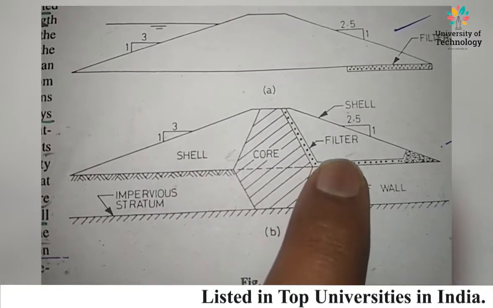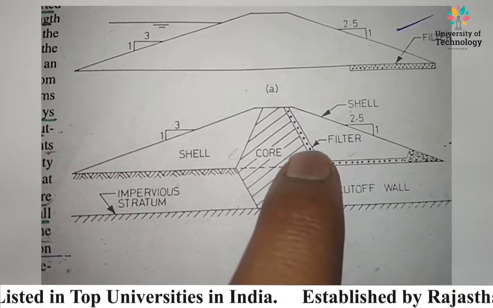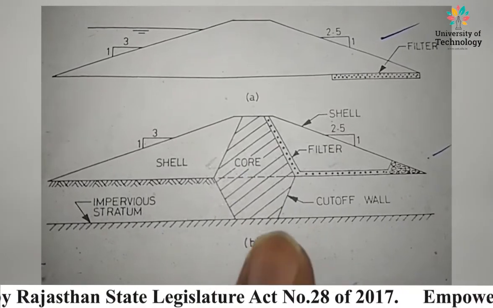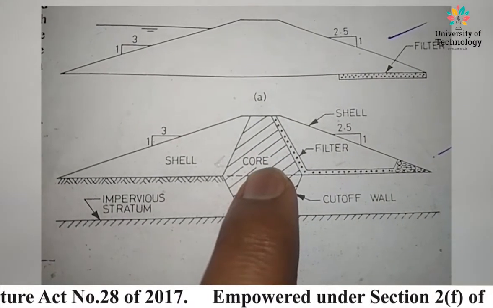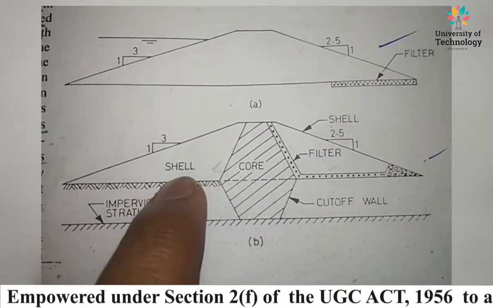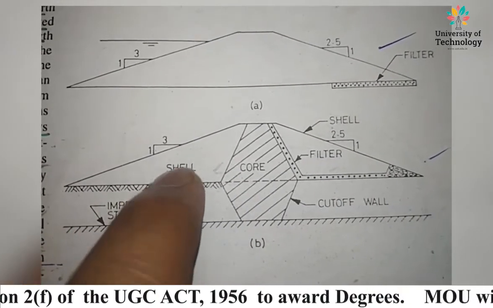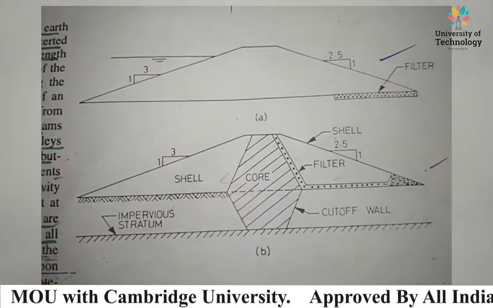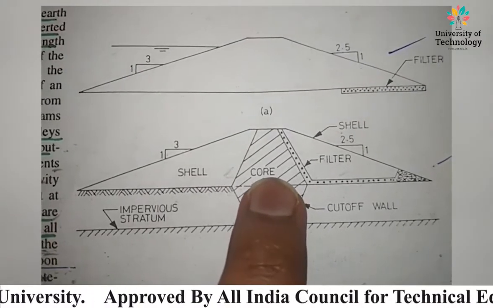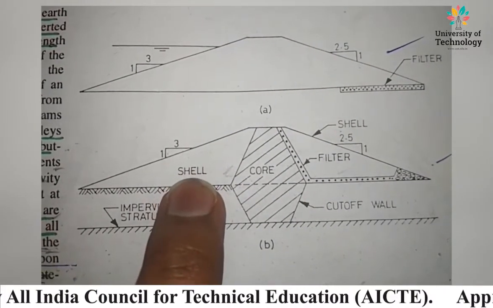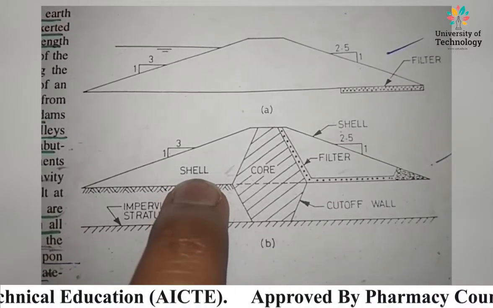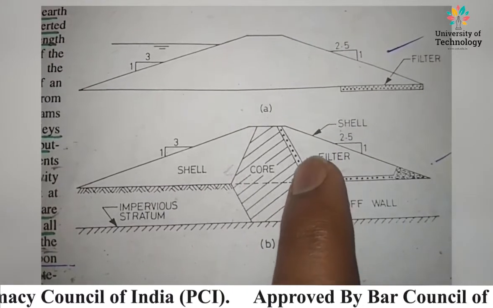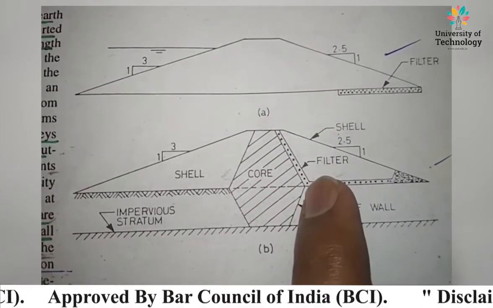Okay, so to separate this core zone from the shell zone, also known as the shoulder, or we can say to separate out the impervious zone from the pervious zone, a layer is constructed between them.